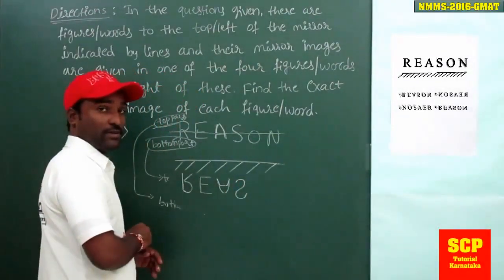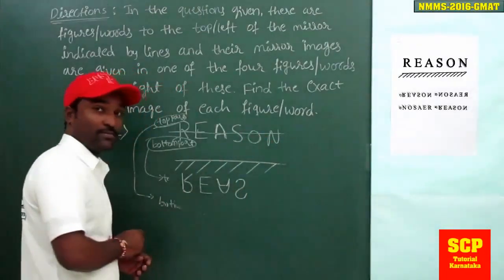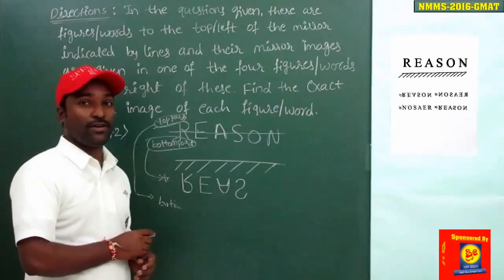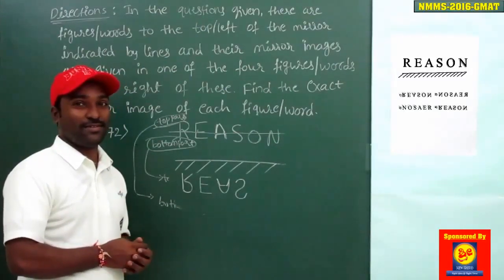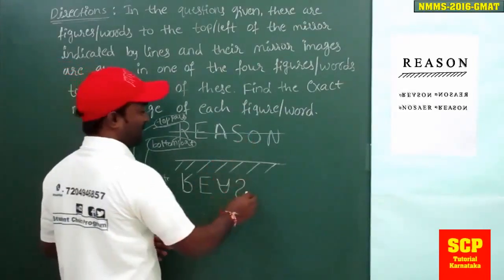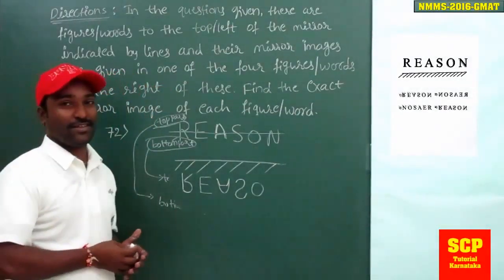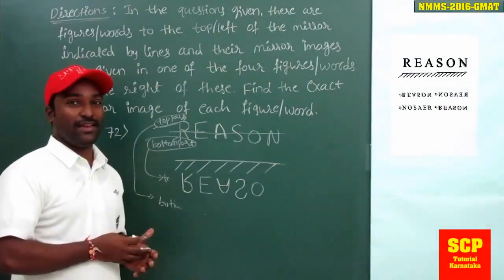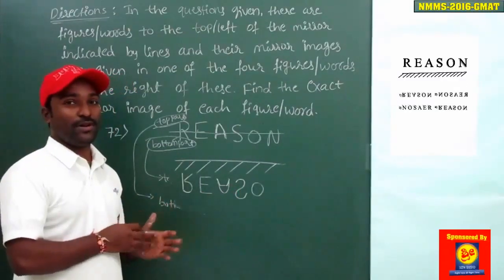Is it correct? Yes. Now moving to this O, how will this appear? This is a million dollar question. How does this O appear in the mirror? This appears the same as it is, because it is a circle. A circle, if you see it from anywhere, is going to appear the same.